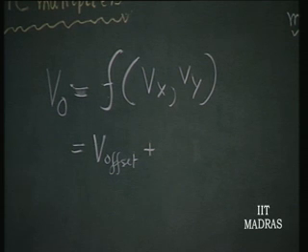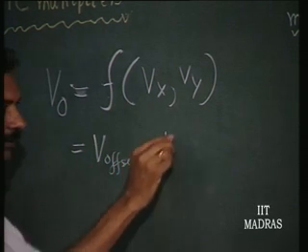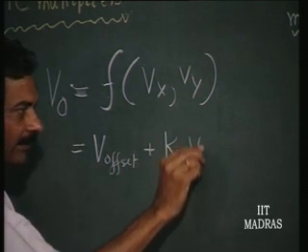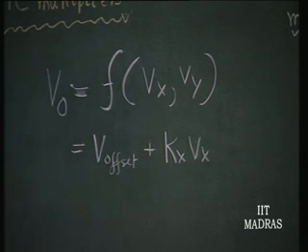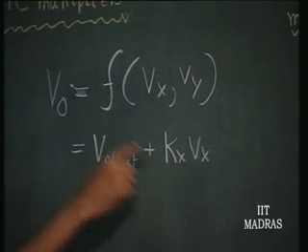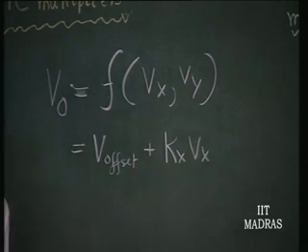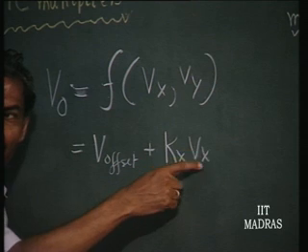Then some term which is purely dependent upon Vx, Kx Vx. This in multiplier terminology is called x feed through. It should not come, but if it comes, it is called x feed through.